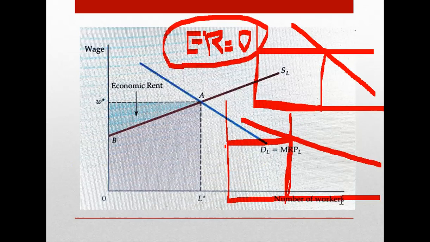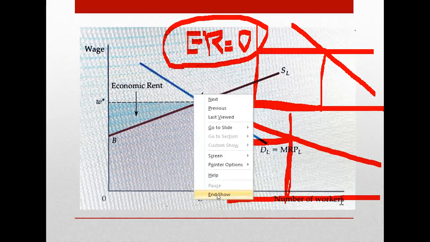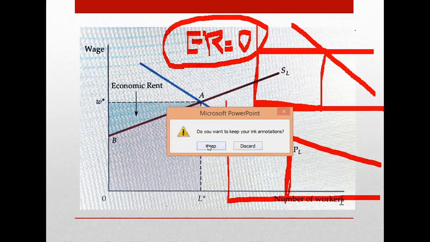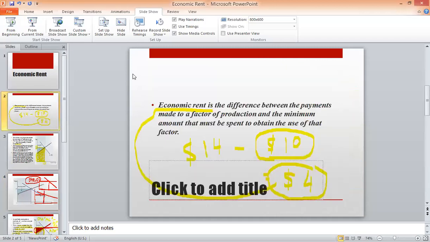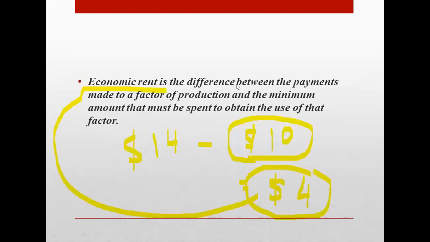So this is the difference between a situation where the supply curve becomes perfectly elastic and perfectly inelastic. You just understand that. The economic rent is the difference between the payments made to a factor of production and the minimum amount that must be spent to obtain the use of that factor.